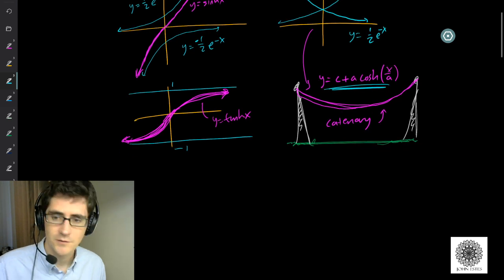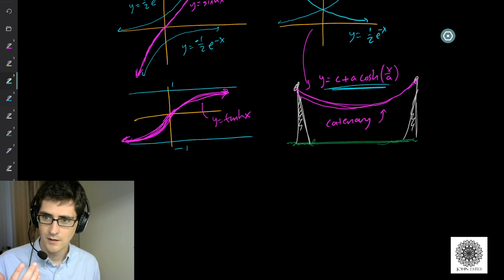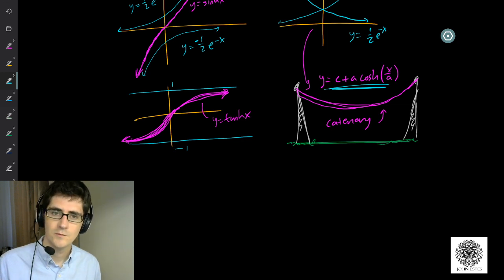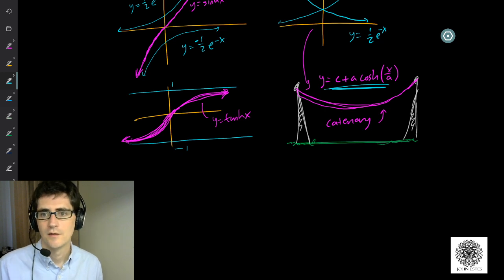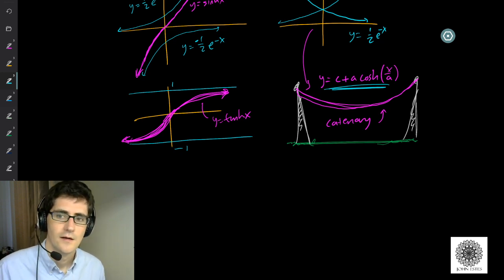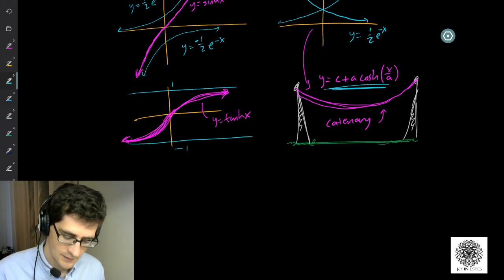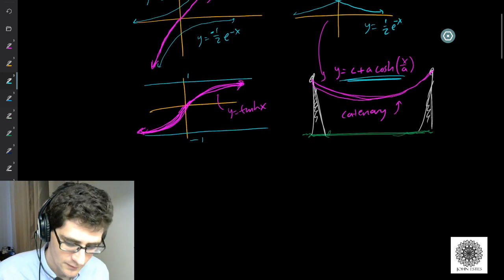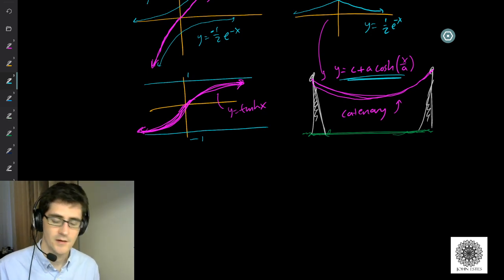Now another situation where you see this, and this is in the book, is if you are looking at the way ocean waves travel and the velocity of these ocean waves moving, you can actually measure that with hyperbolic tangent. Now, the mathematics behind the way water flows is very, very complicated.